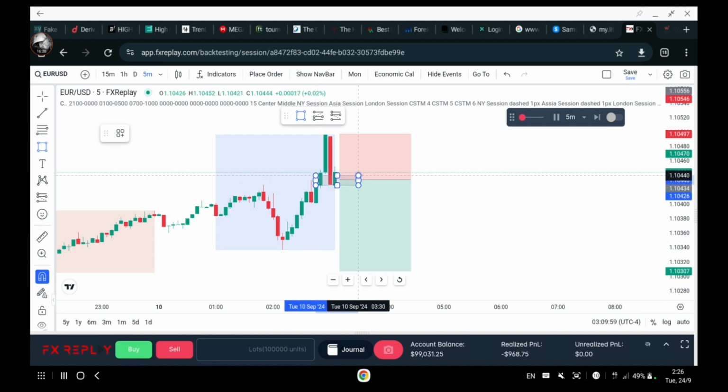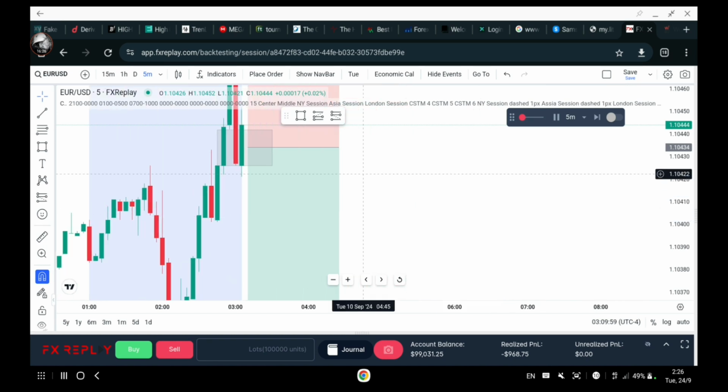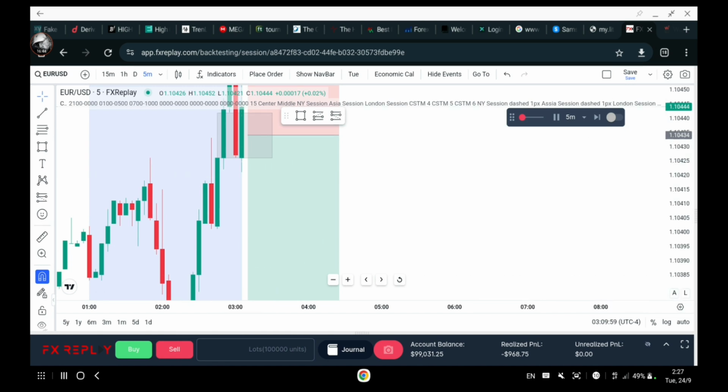Inversion, just like that. And why is this setup valid? Because this candle or this candle formed the low here, making a swing low, then a fair value gap, meaning price then came and inverted this fair value gap, right? It was inverted, right?